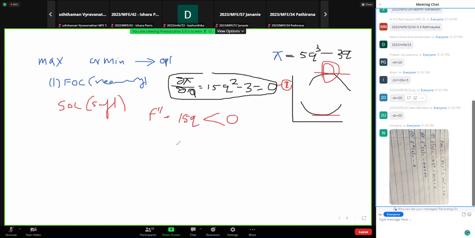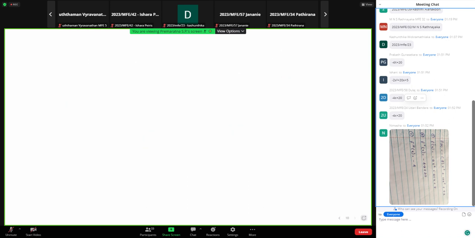If the second order differentiation value is positive, we can conclude that the equation has a minimum point like that. So simply, if the second order differentiation value is negative, you get the maximum point. If it is positive, you get the minimum point.